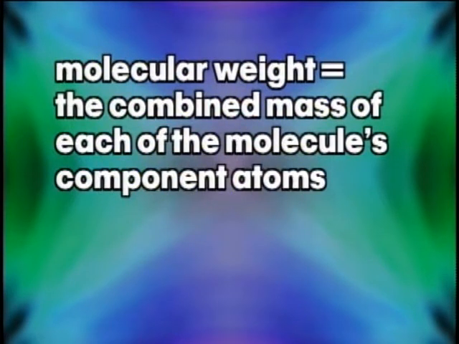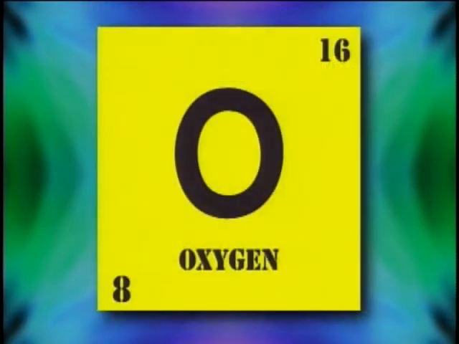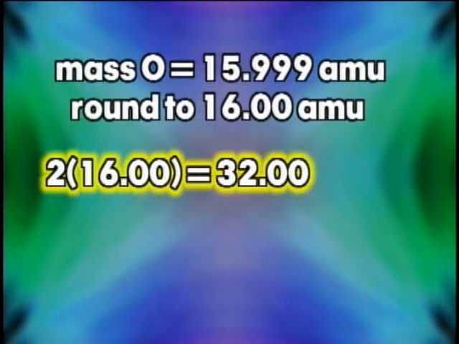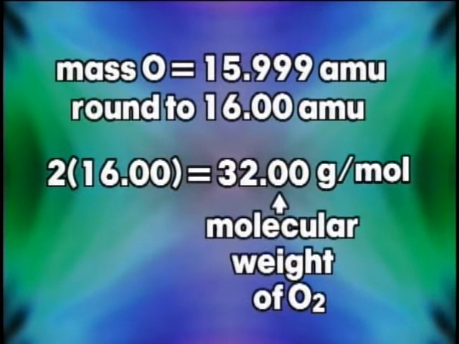So for instance, to find the mass in grams per mole of the oxygen molecule in our pressure example, just find the mass of oxygen, multiply it by 2, and slap the unit grams per mole on the end.